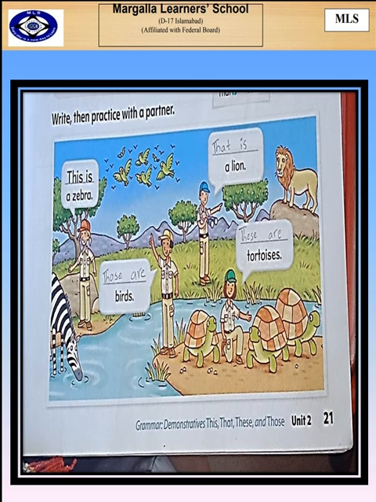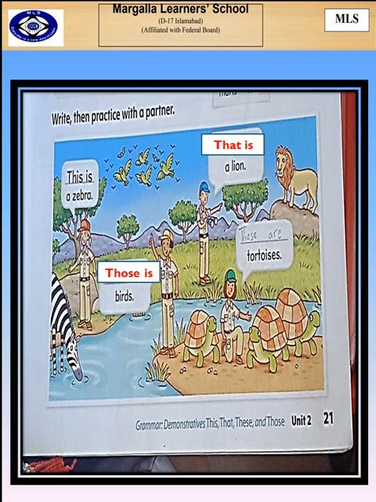You see there is a practice session right over here? Right, then practice with a partner. There are some blanks which are mentioned right over here. You have to fill these blanks using this, that, these, and those. This is already filled, like this is a zebra. Let's see which word will come in the bird section. Those are birds.